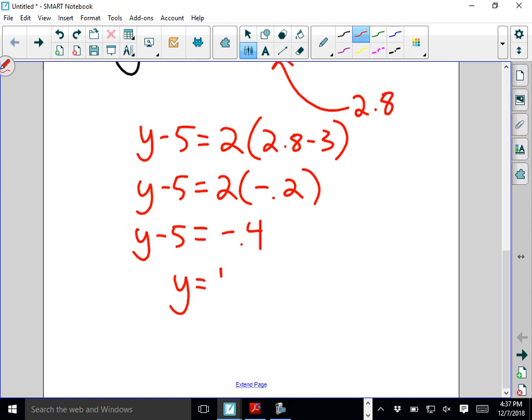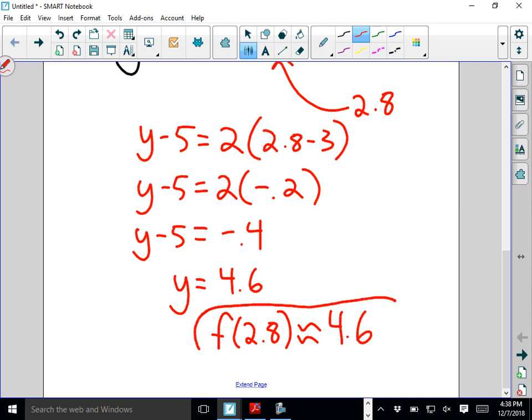So that is the exact point on my tangent line. Right? We don't want to leave our answer like that, though, because we're supposed to estimate f of 2.8. Well, our best guess is that f of 2.8 is approximately equal to 4.6. Okay. So again, it makes sense that my answer is close to 5, but notice it ended up being a little bit less than 5, 4/10 less.